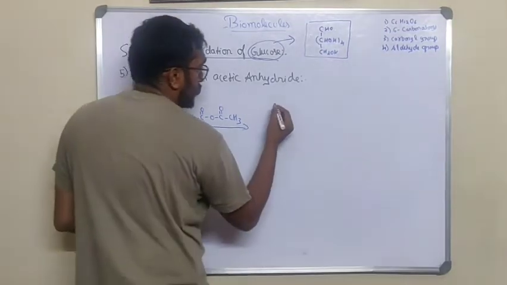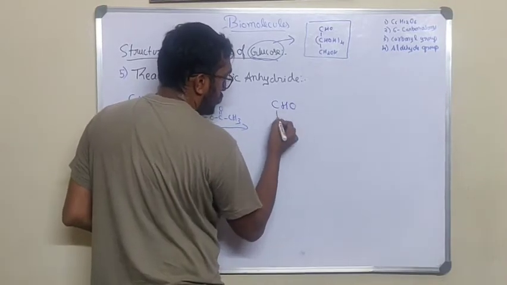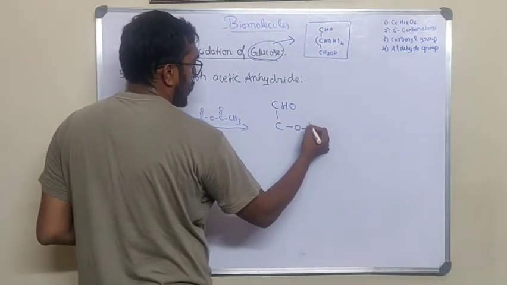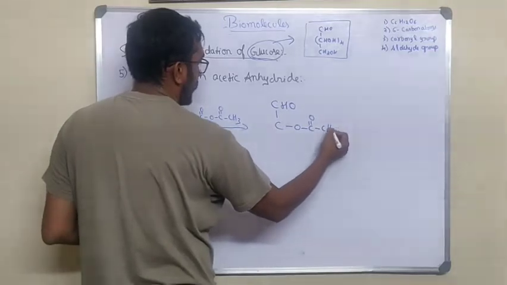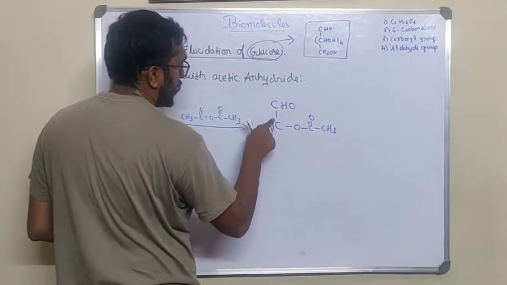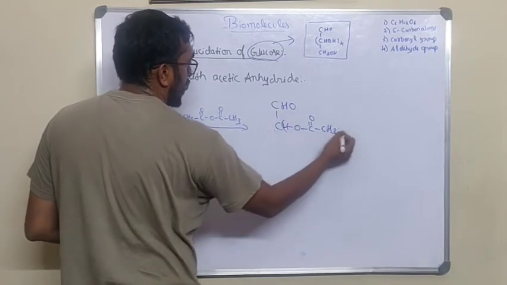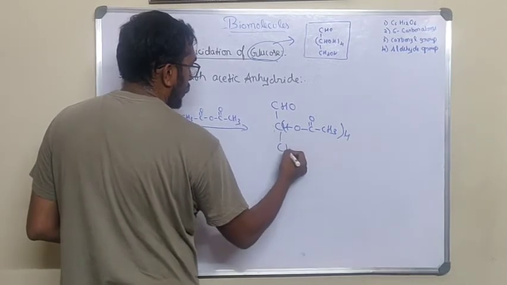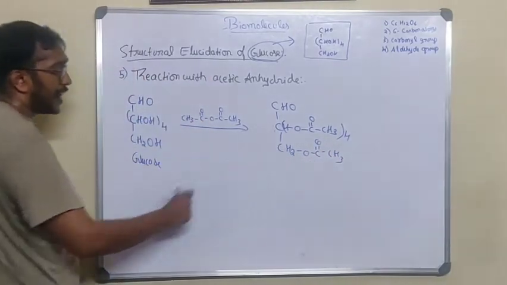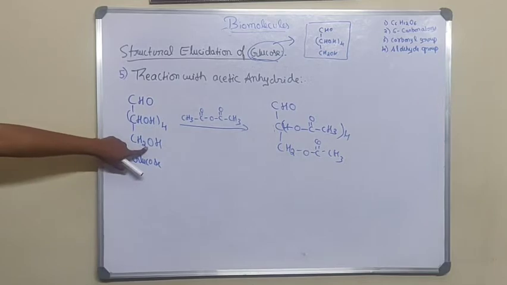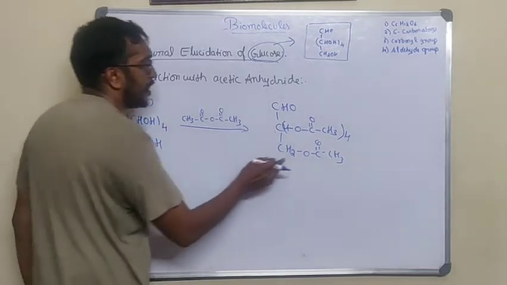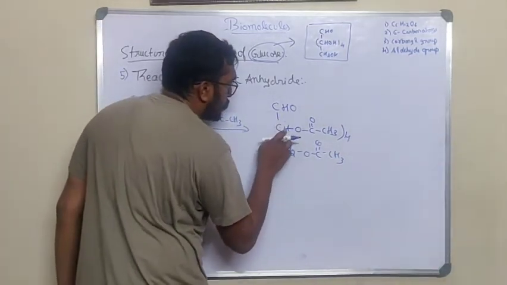Here the OH group is there. So what is the product? CHO bond C bond O bond C double bond O bond CH3. How many times here? 4 times. So here CH2 bond O bond C double bond O bond CH3. Why has it been attacked here also? Because an OH group is there also. That is the reason it forms like this.